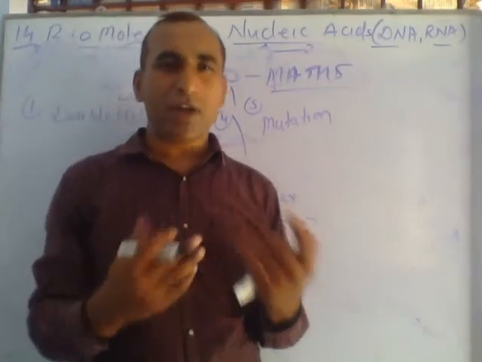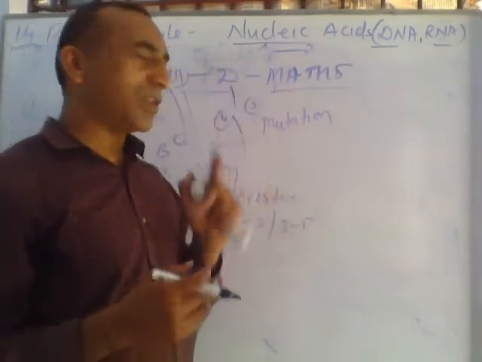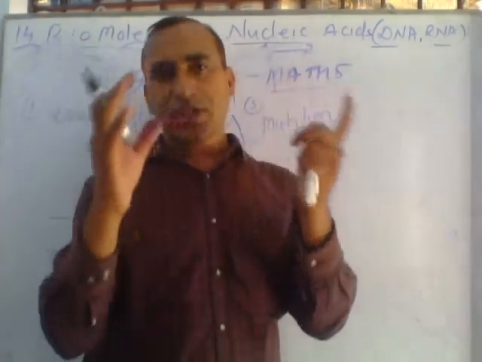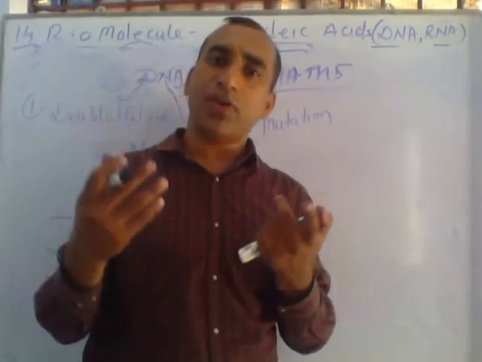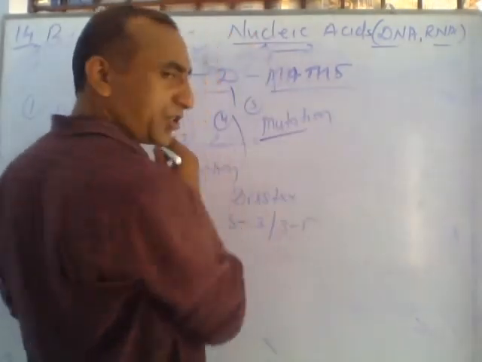Means this is abnormality and new proteins will form. This process is called mutation. Mutation means by chemical, otherwise by radiation, the structure of DNA is destroyed or changed and new protein formation starts. So mutation means changing in structure of DNA.